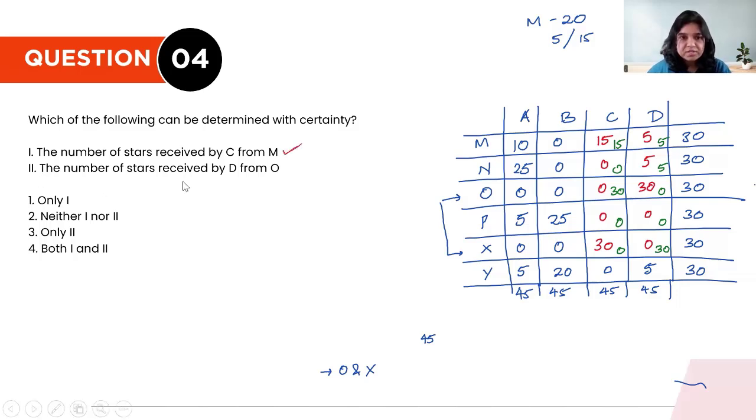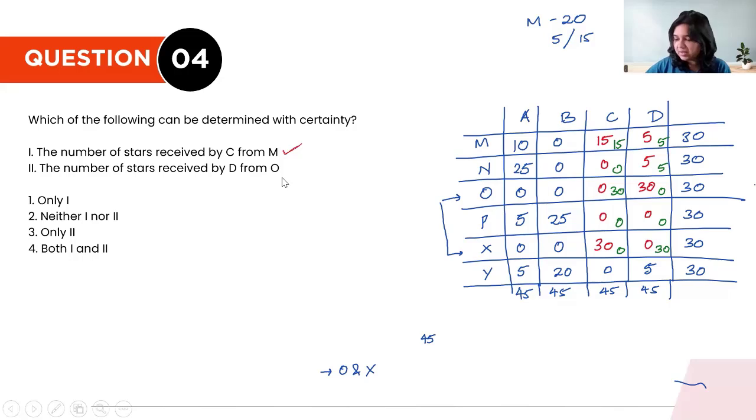The second one says the number of stars received by D from O. So two possibilities: D could have either gotten all 30 from O, or D could have gotten all 0 from O, and C could have gotten the 30. So that is still an ambiguity. We haven't yet been able to decide. It's just that even in both the cases, D has still got a 5 from M. That's definite.